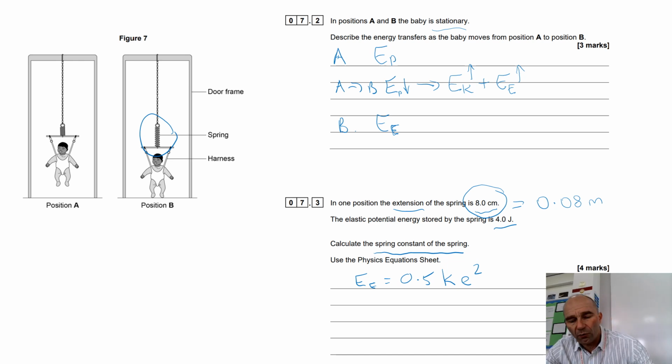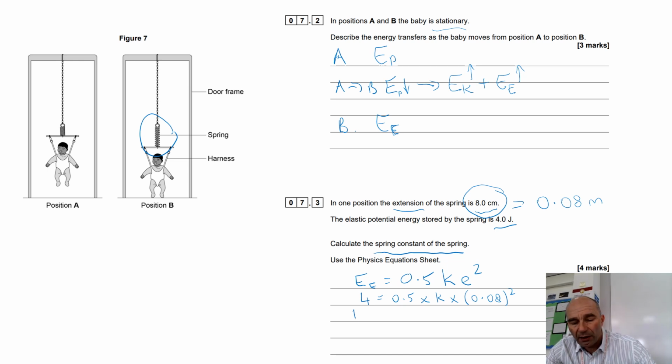From that, we have 4 equals 0.5 multiplied by k multiplied by 0.08 squared. So we've picked up another mark just by doing that. We're up to 2 marks, 1 for the conversion, 1 for the correct substitution.